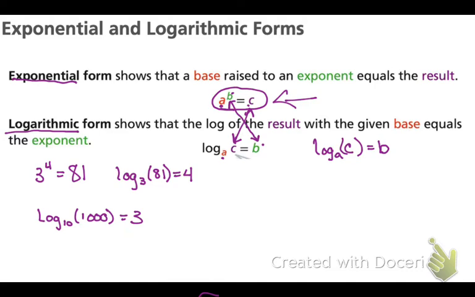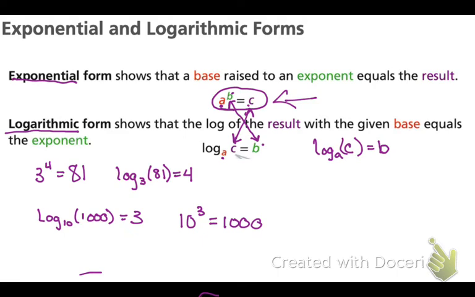I need to go to exponential form. So what is my base? 10 to the third equals 1,000. Because is 10 to the third 1,000? Yes. Is 3 to the fourth 81? 3 times 3 is 9, 9 squared is 81.